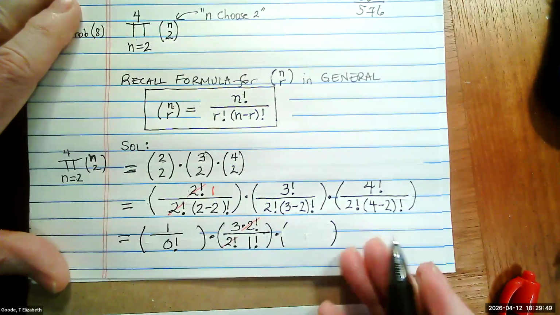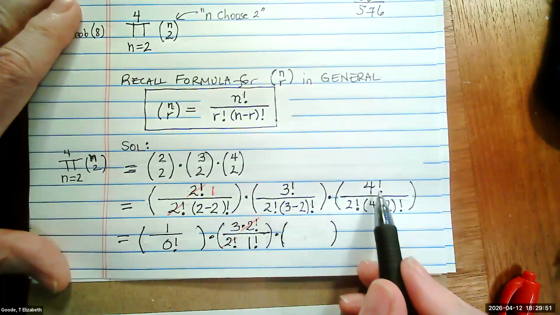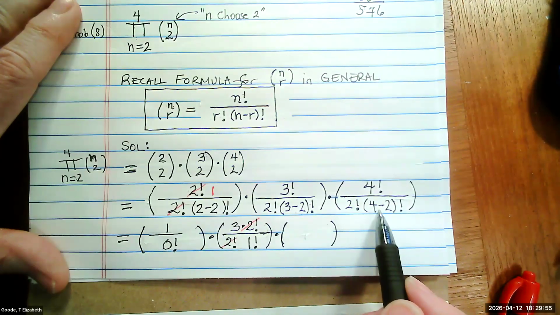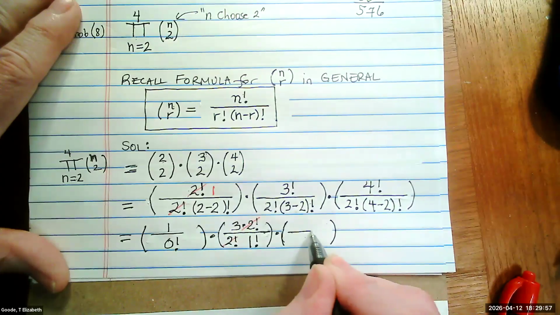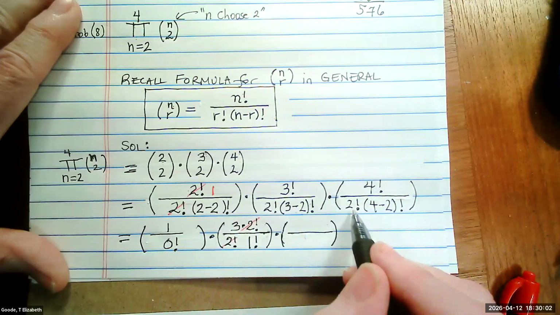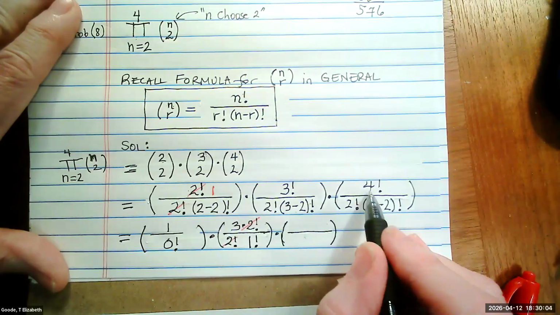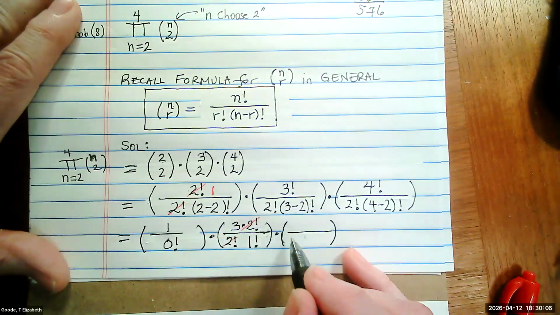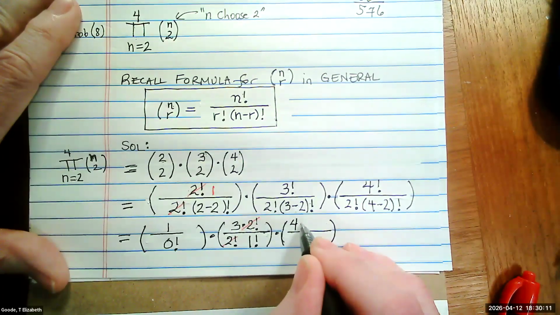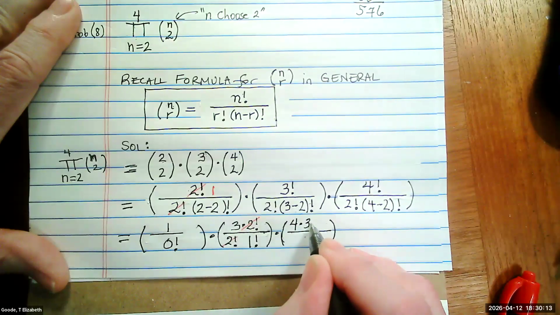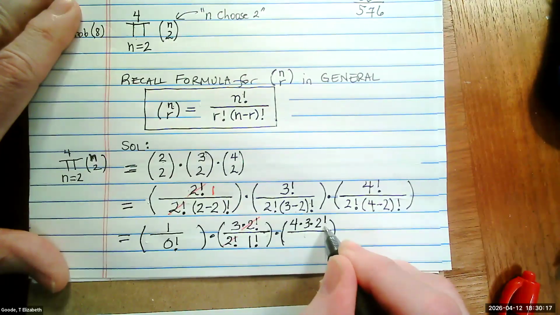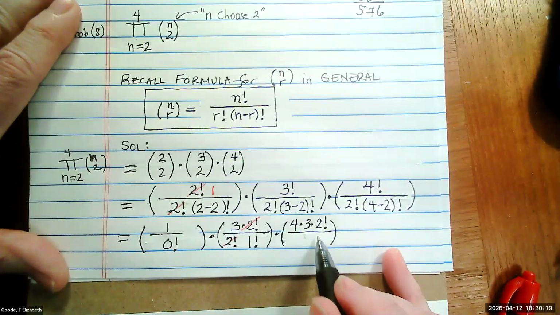Okay, good. Again, we don't see a 4 factorial downstairs. We see a 2 factorial, and this will be another 2 factorial, won't it? So we need to expand the numerator until we see a 2 factorial. So how can we write 4 factorial? It's 4 times 3 times 2 times 1 factorial, and I'll just stop at 2 factorial because 2 times 1 is 2 factorial.